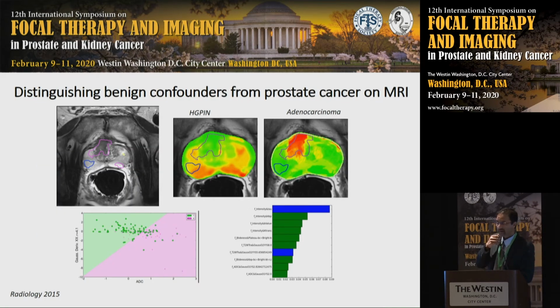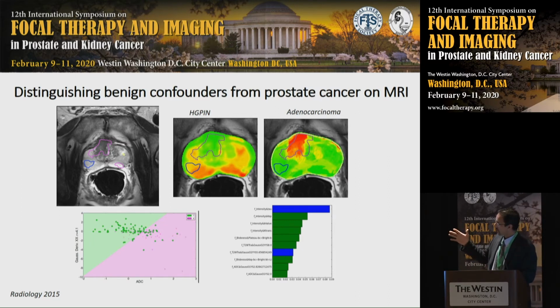Working with the group in Nijmegen a few years ago, we then wanted to understand whether radiomics could allow us to distinguish between high-grade PIN versus inflammation versus atrophy versus adenocarcinoma, because of course we all know that inflammation and atrophy could be one of the major confounders obfuscating the ability to identify where adenocarcinoma is.